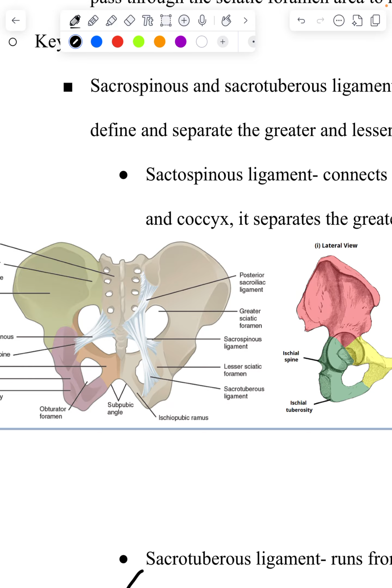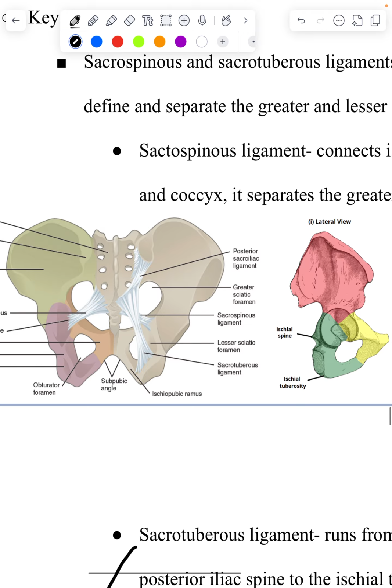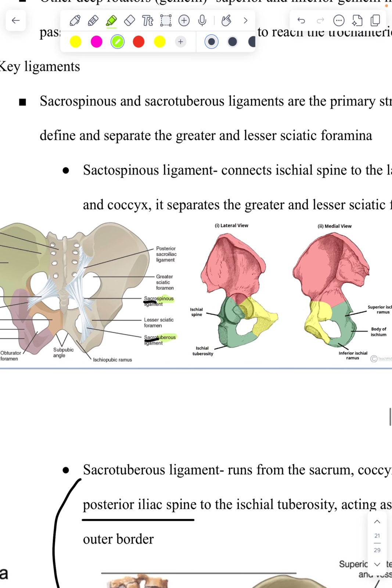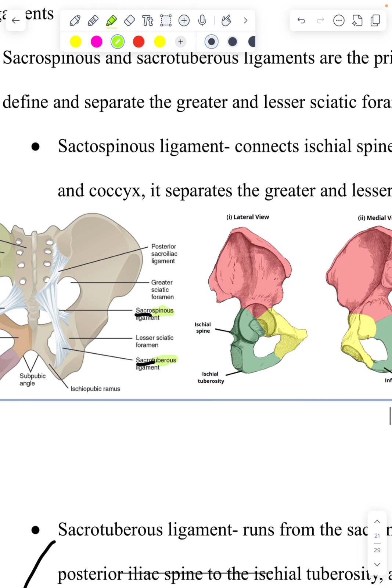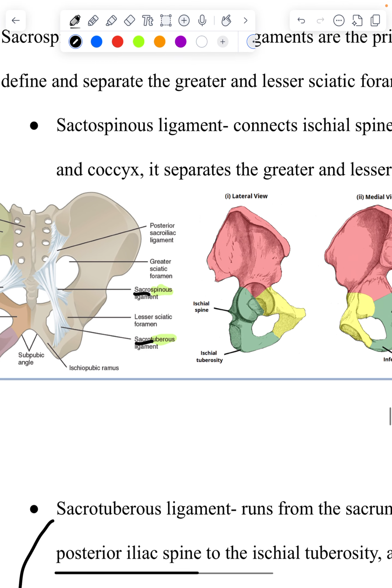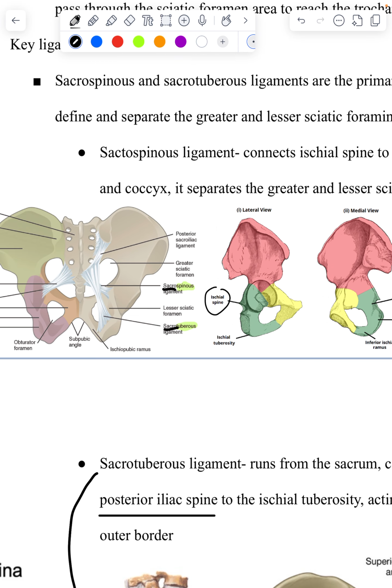The names sacrotuberous, sacrospinous tell you they have the same origin, which is sacro, but they connect to something different, which is either spinous or tuberous. So look at the ischium over here, and you can see this is the ischial spine, this thing that sticks out like a spine.